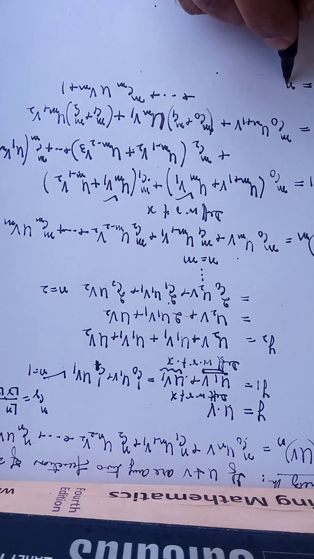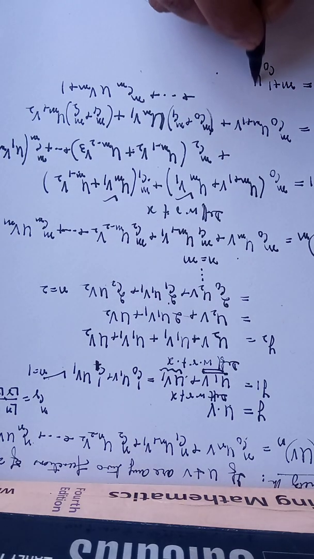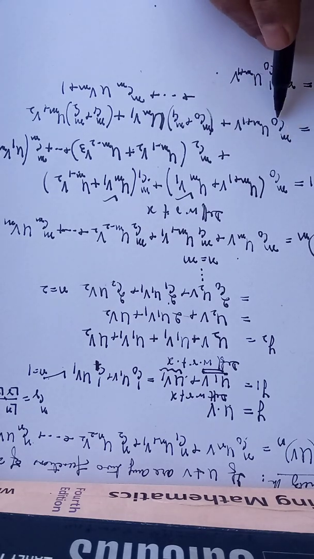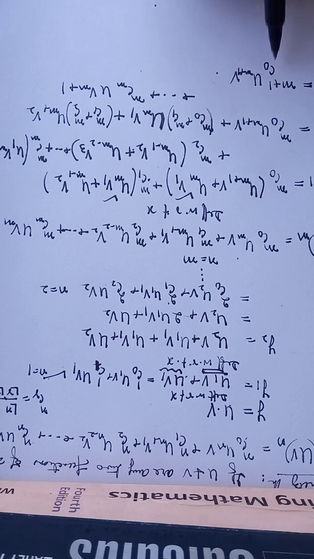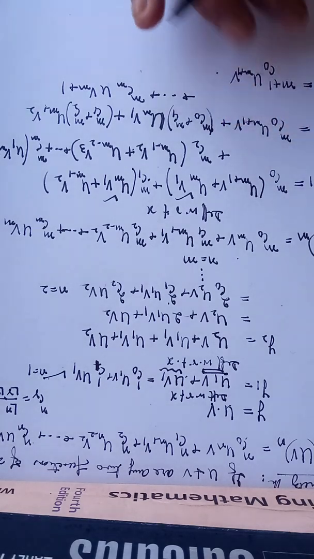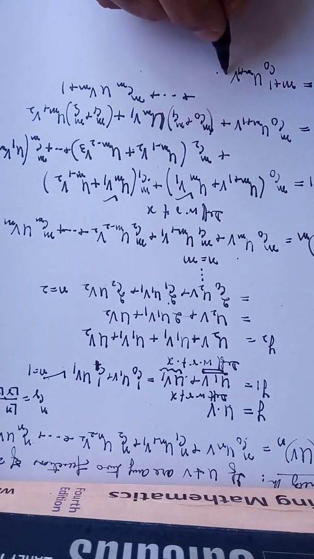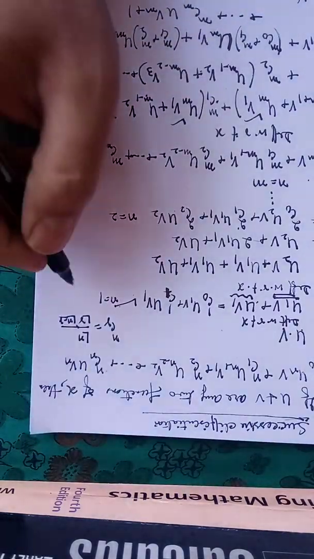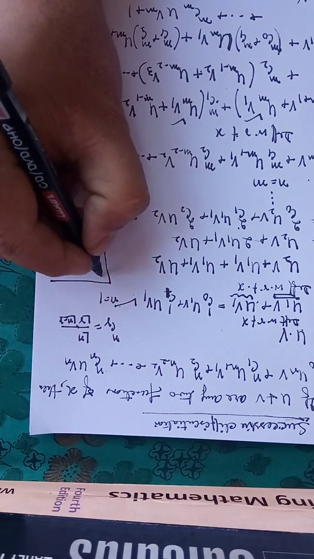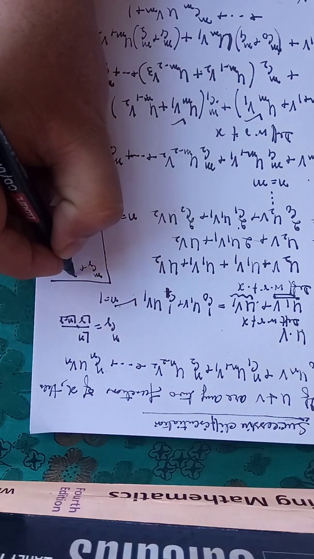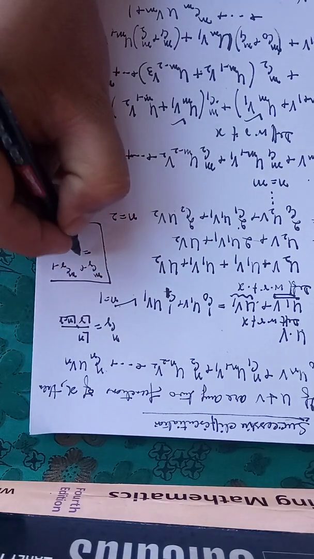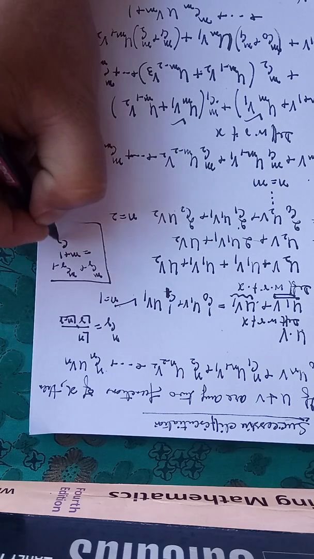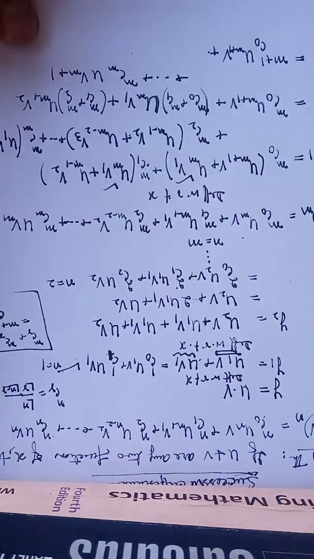This is (m+1)C0 u(m+1) v, because mC0 is 1 and (m+1)C0 is 1, so I can replace mC0 by (m+1)C0. Now you have one more thing, let me write it over here: mCr + mC(r-1) is (m+1)Cr. You can check it.